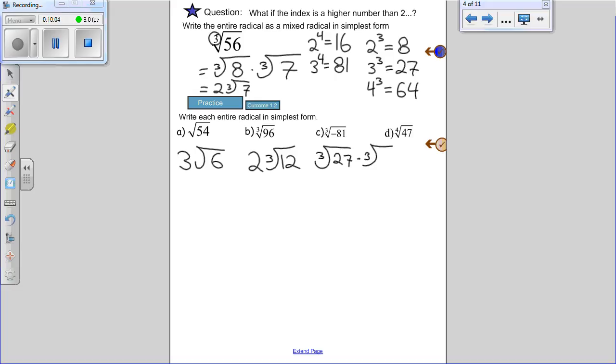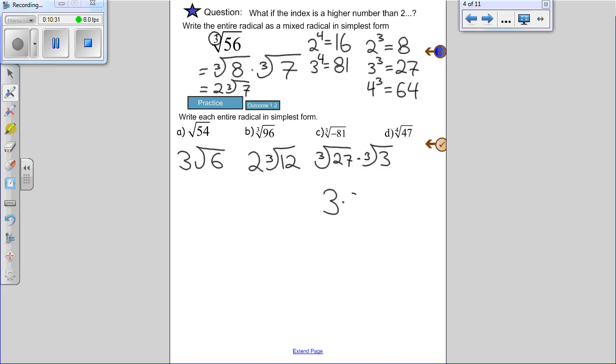Where's the negative go? Does it go with the 27 or does it go with the 3? Does it matter? Really doesn't matter. If you put it with the 27, that's fine. You put it with the 3, that's fine. What is the cube root of 27? 3. So you have 3 times the cube root of 3.